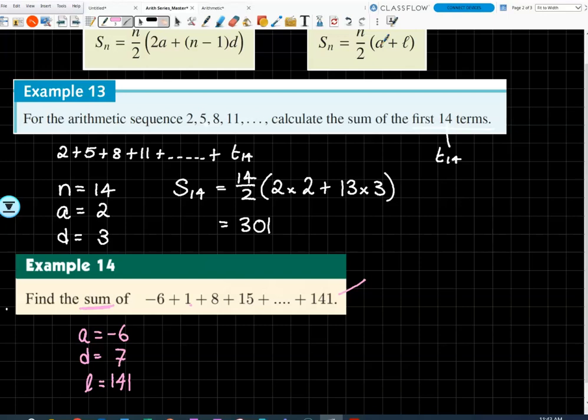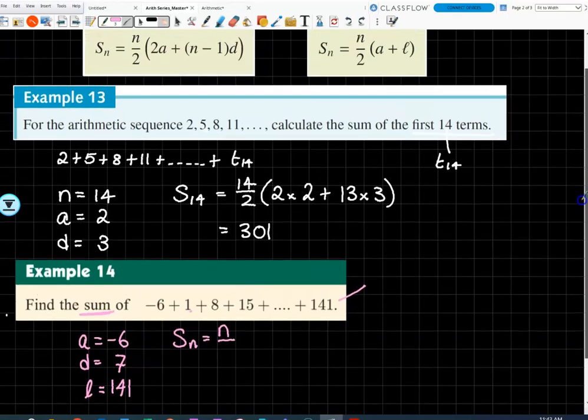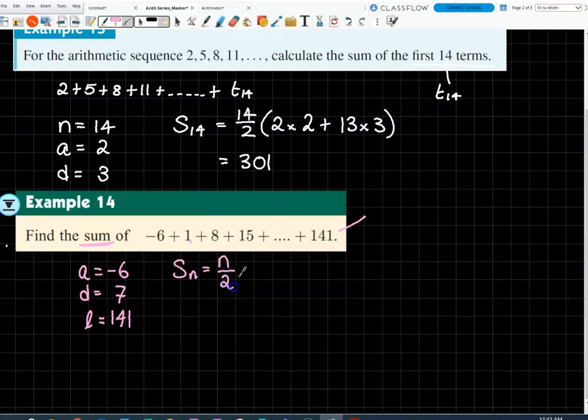How are we going to find N? Well, you can do this quite easily from the stuff we did before. I'm just going to scroll down now. Okay, so as I said, we immediately want to go, oh, Sn equals, I've forgotten, n over 2, n over 2a plus. That would be great because you've got your last term, but unfortunately, do not know.